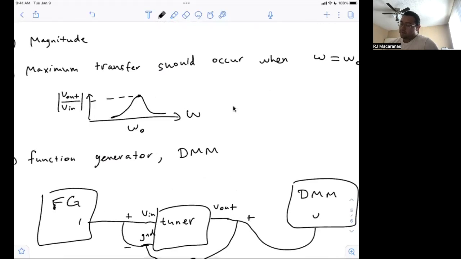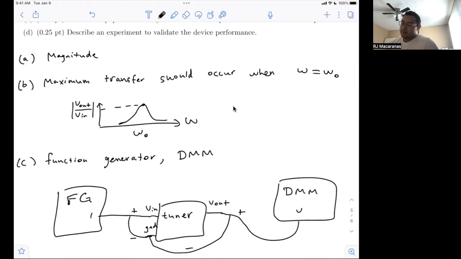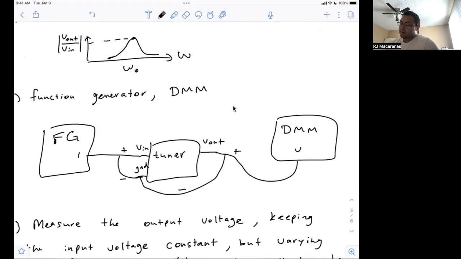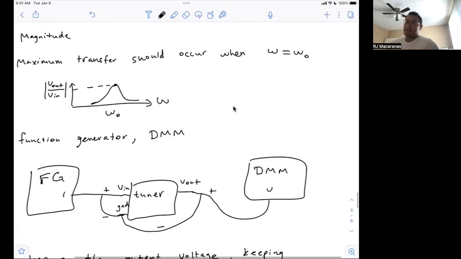As we get closer to omega naught, the transfer, that ratio of the output to the input, should increase and be maximized at that target frequency.